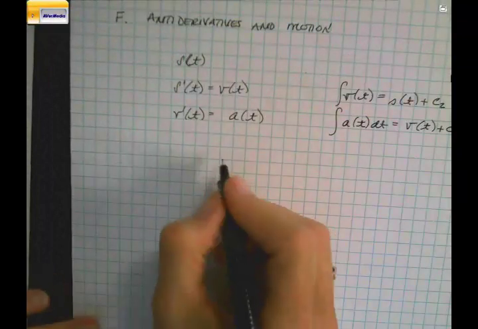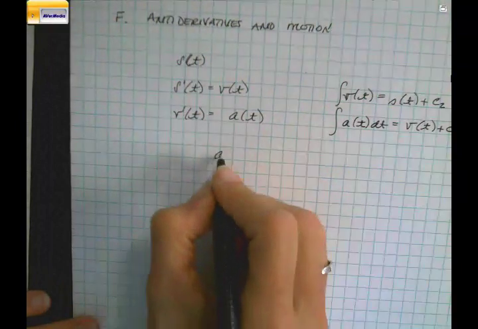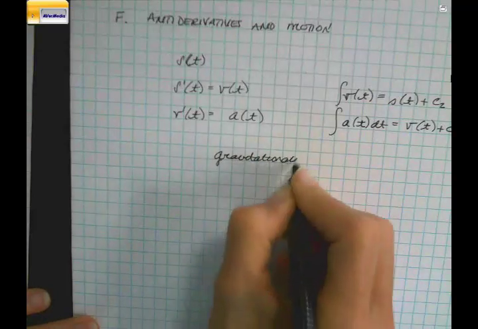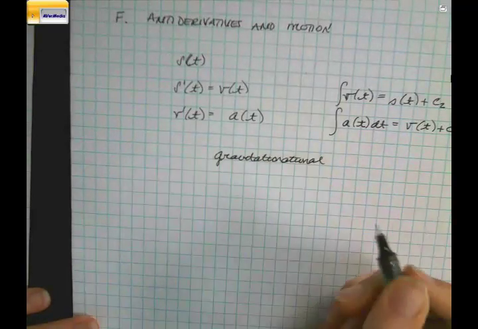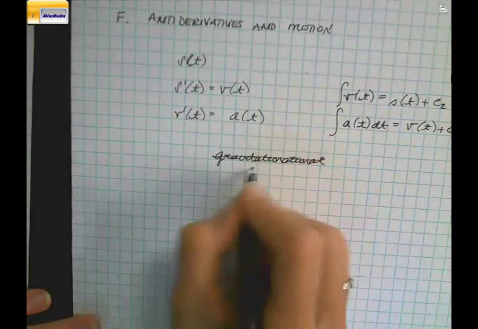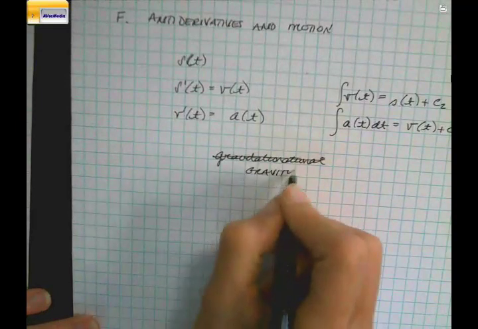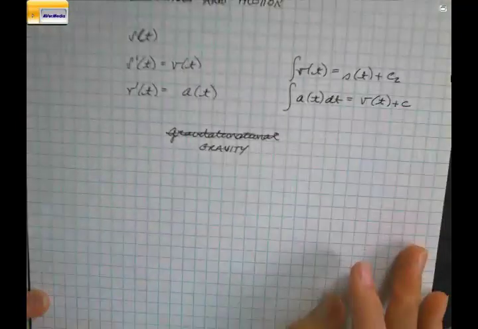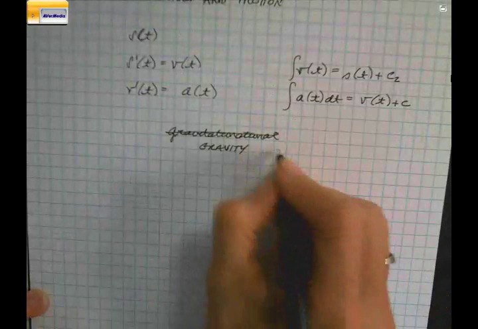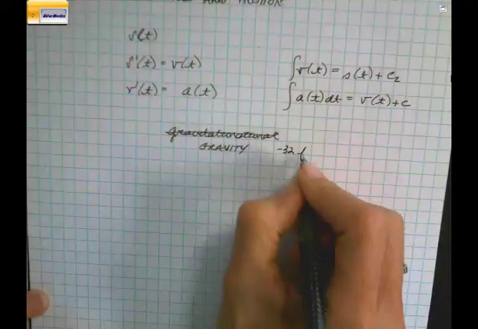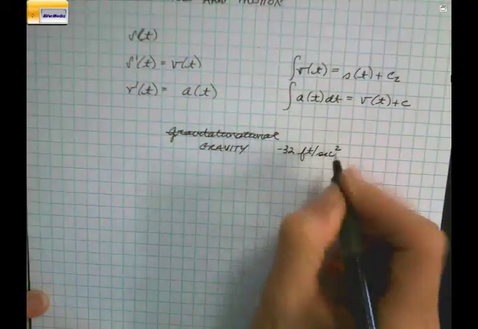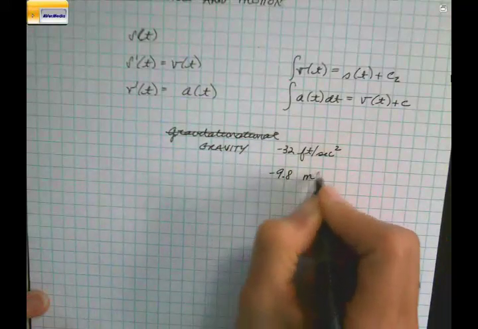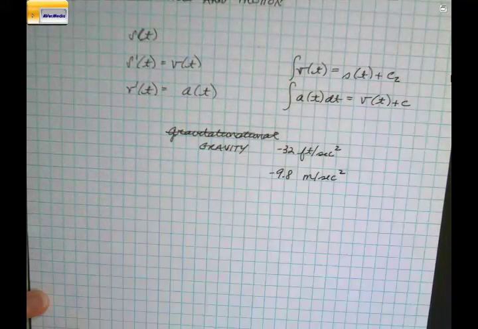And when you start doing these, remember that gravity is a negative 32 feet per second squared, or a negative 9.8 meters per second squared.